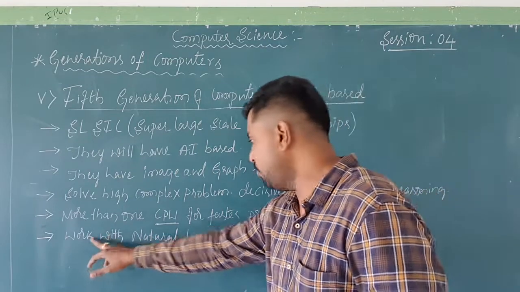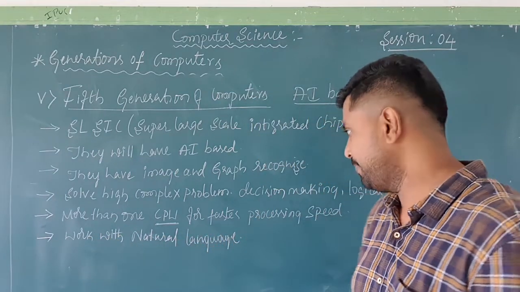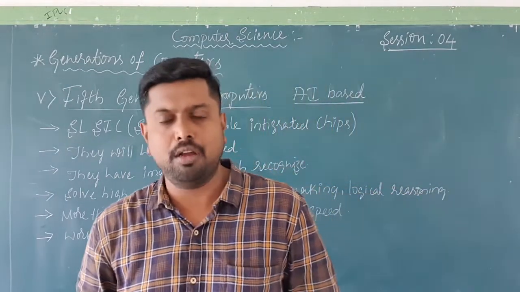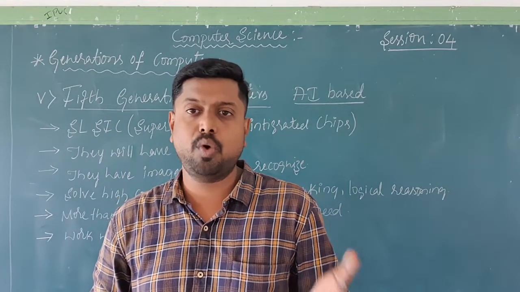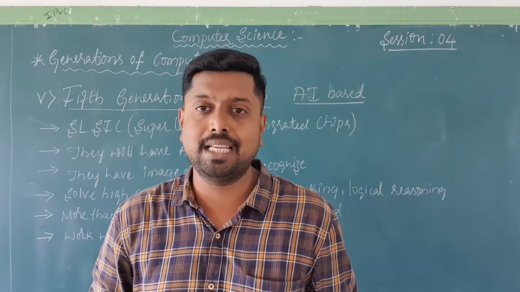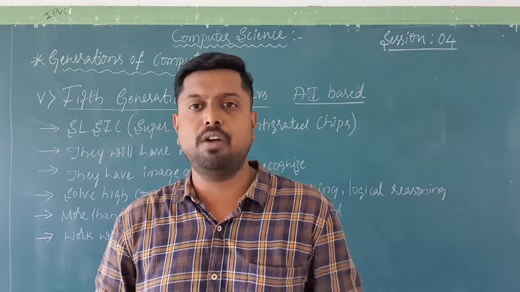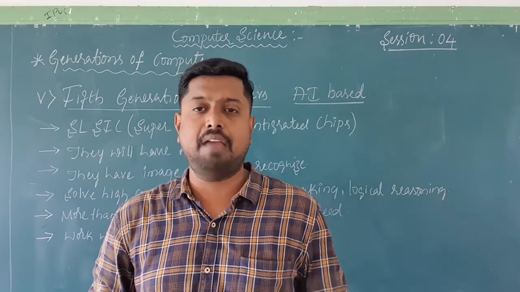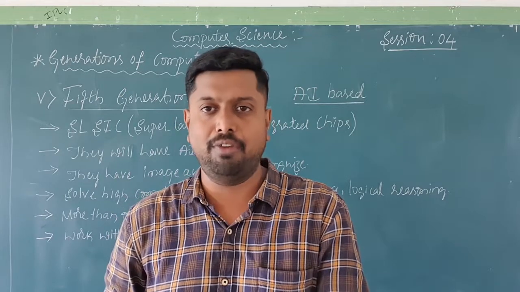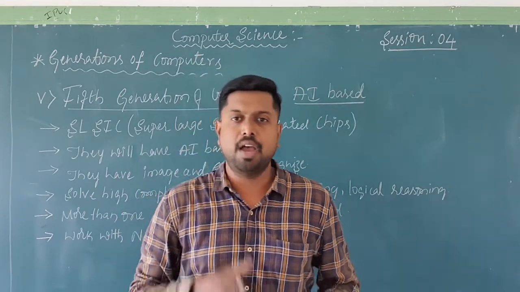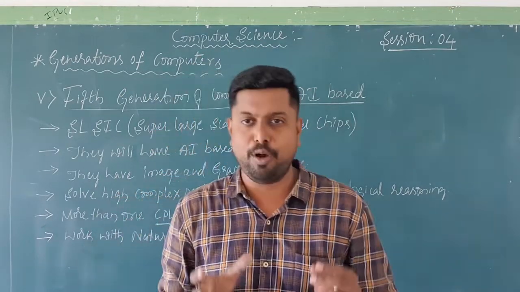And it will work with natural language. That's why this is called artificial intelligence based. When we talk in common, normal natural language, these kinds of devices can recognize the natural language. So that is the fifth generation and its properties.